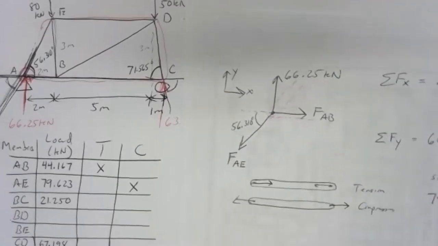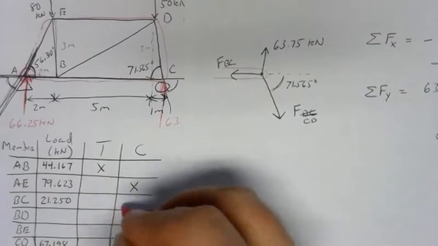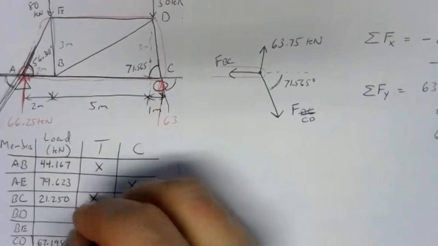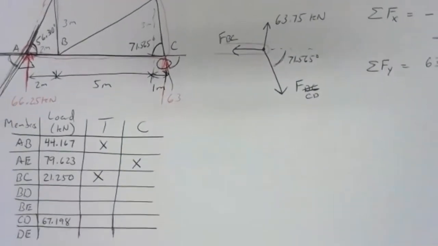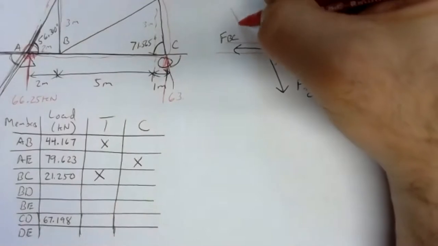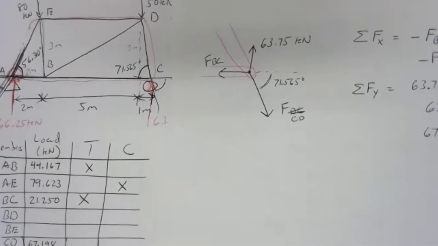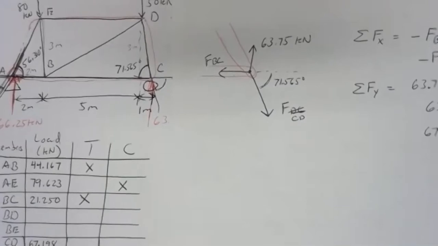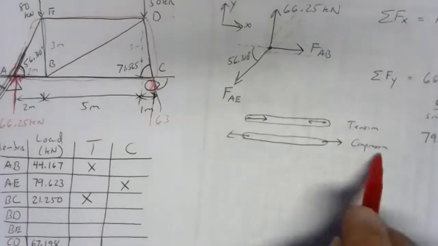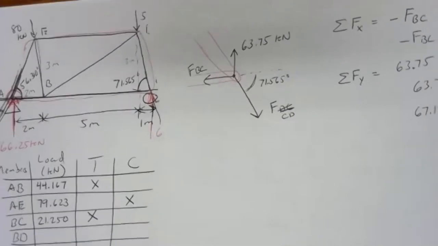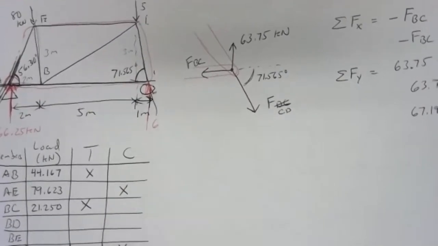That's tension. So member BC is in tension. So we can check the tension box there. Member CD, if we draw it relative to joint C, is up and to the left. So it's over here, and that's pushing joint C away. Only members in compression can push the joints apart. So member CD is in compression.